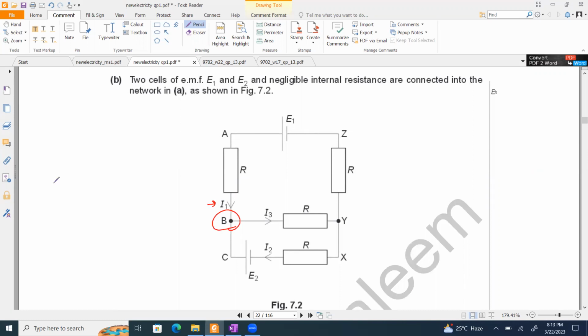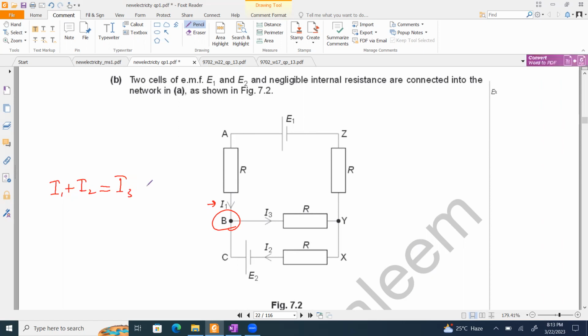So the total current reaching junction B is I1 plus I2, and there is no other current reaching B, equal to the total current leaving it. How many currents are leaving junction B? I can see only one, I3.